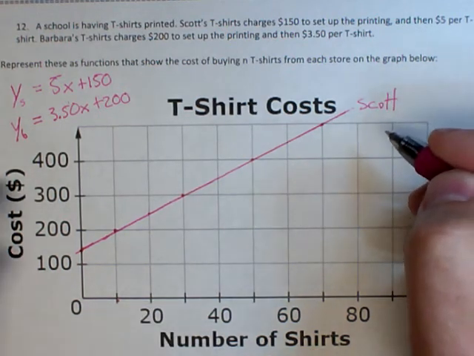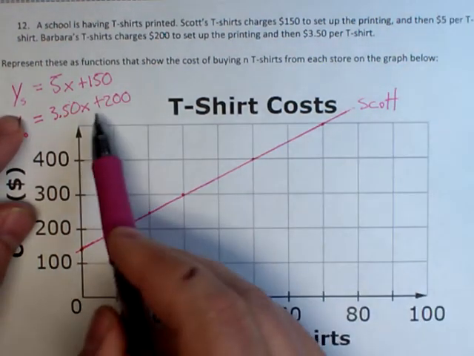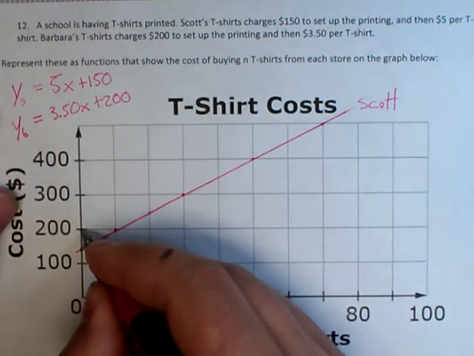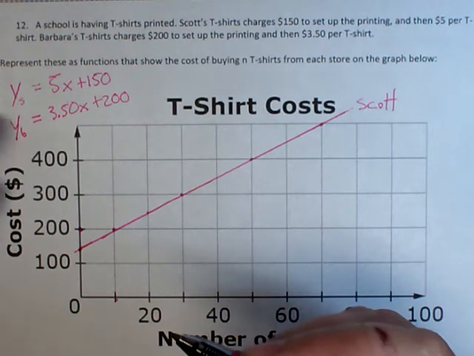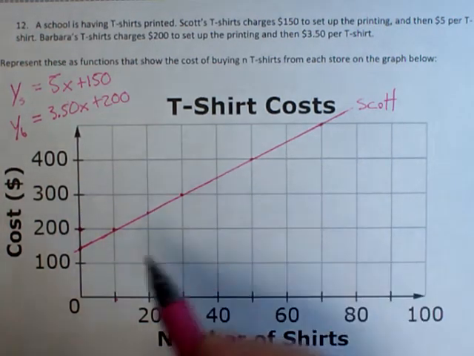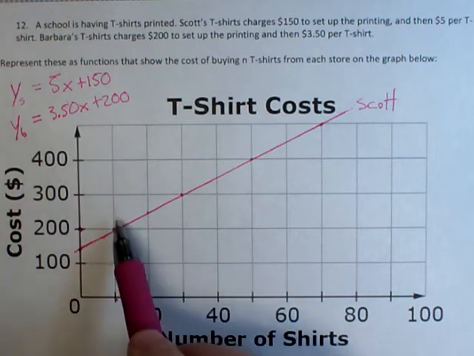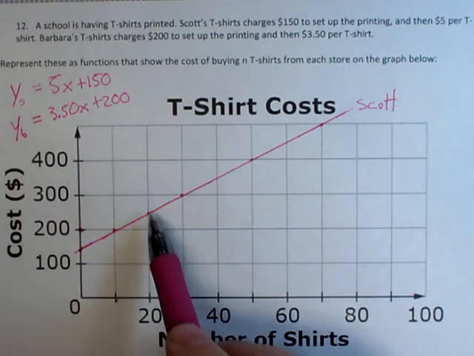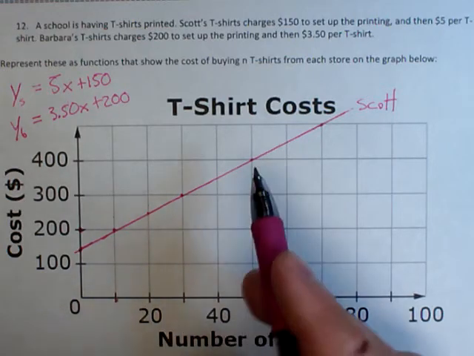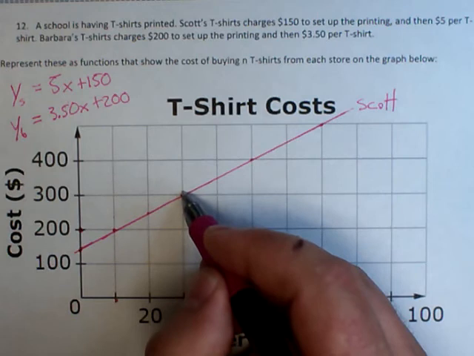And then for Barbara, hers are going to cost $200, and then it's going to go up $35 per shirt. So let's see. After 10 shirts, it would be $35. I'm going to kind of estimate that, and then another $35 would be $70, and then another $35 would be $305.